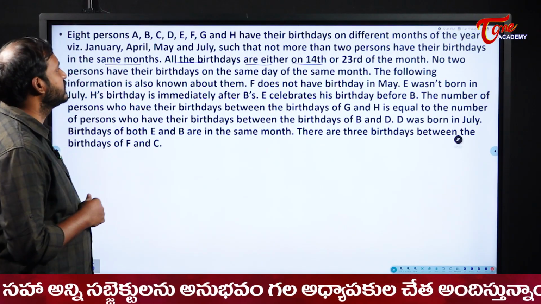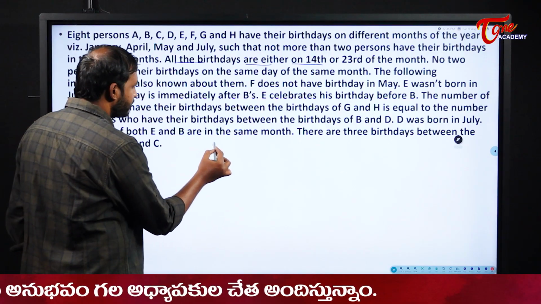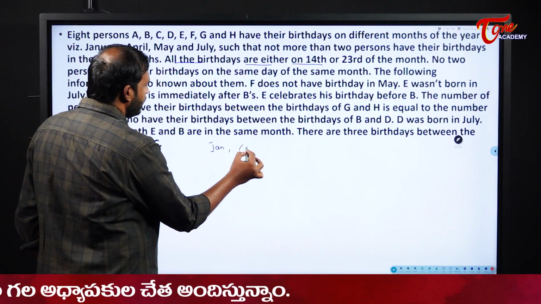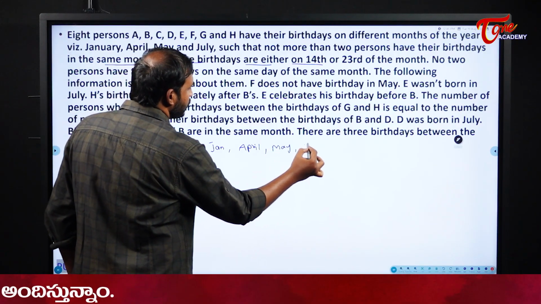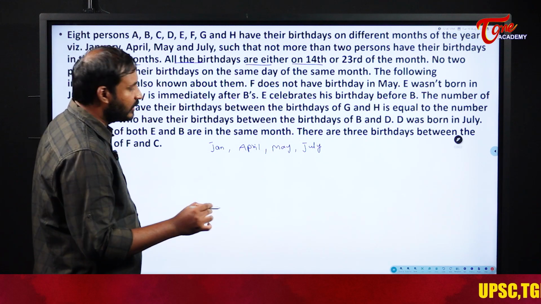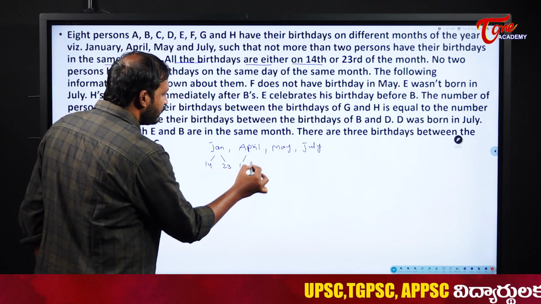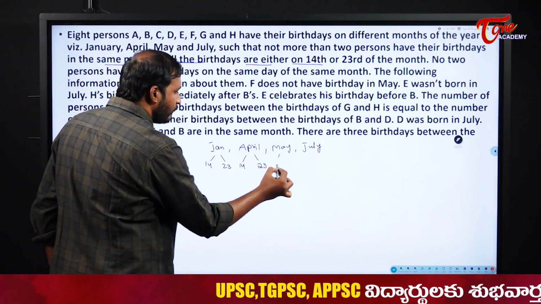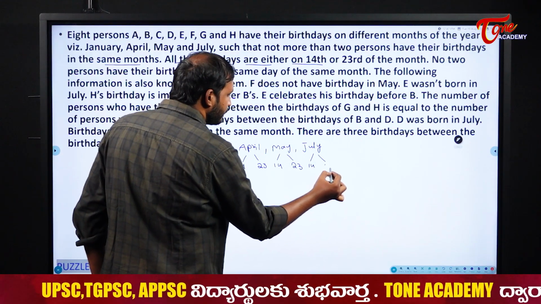Now see here students, they are born in different months: January, April, May and July. And what are the dates which we have? Either the 14th or 23rd. So 14, 23, 14, 23, 14, 23, 14 and 23.